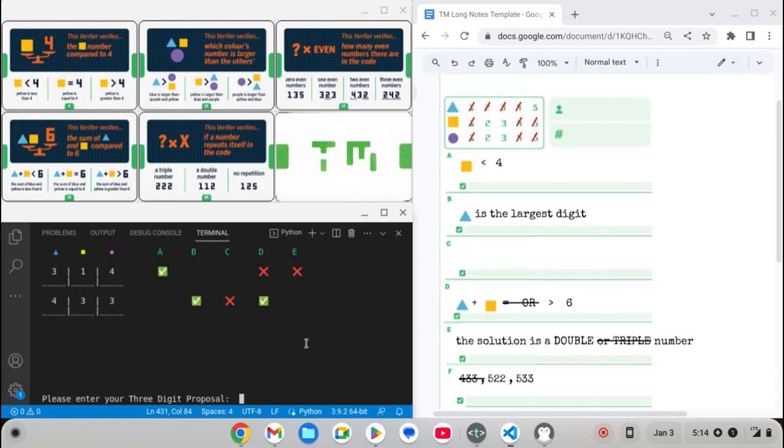I don't think we can truly deduce it. So let's go ahead and do 522 and let's retest C. There we go. So it did like the 2 evens. So that means square and circle cannot be 3s.